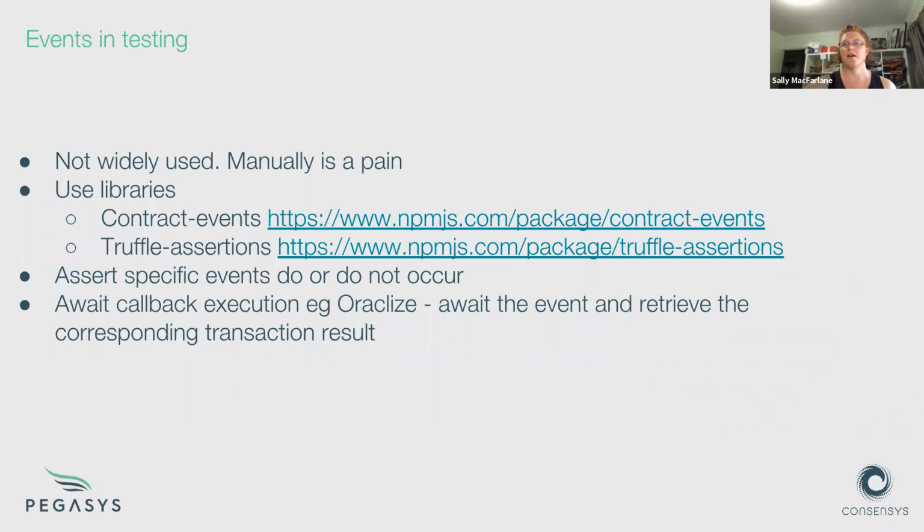So I want this event to have occurred. I don't want this other event to have occurred. And using Oracleize, you can await specific events, and I think that's also to do with like I want this transaction to happen, and then I want to look at the transaction result, so you can examine that with that library as well.